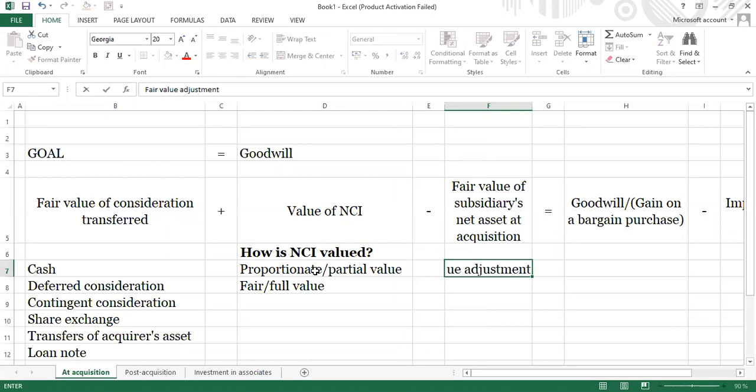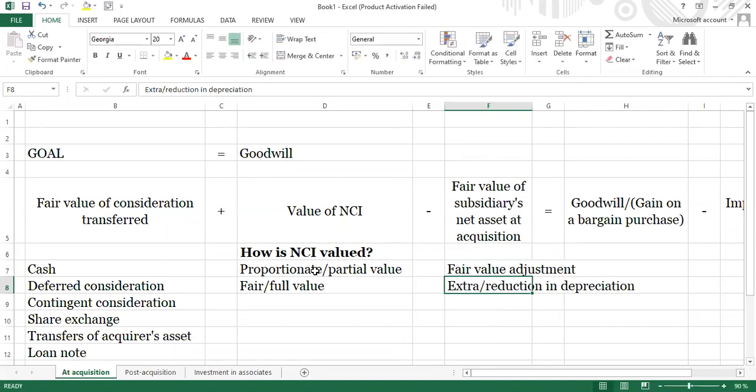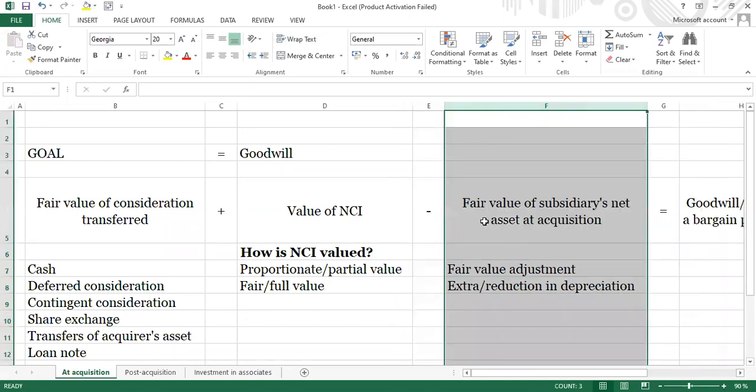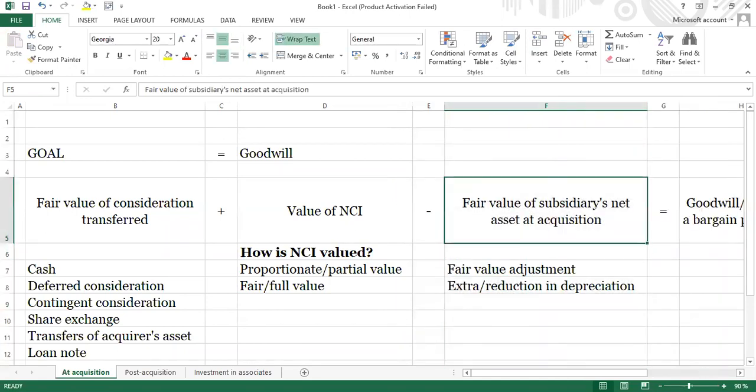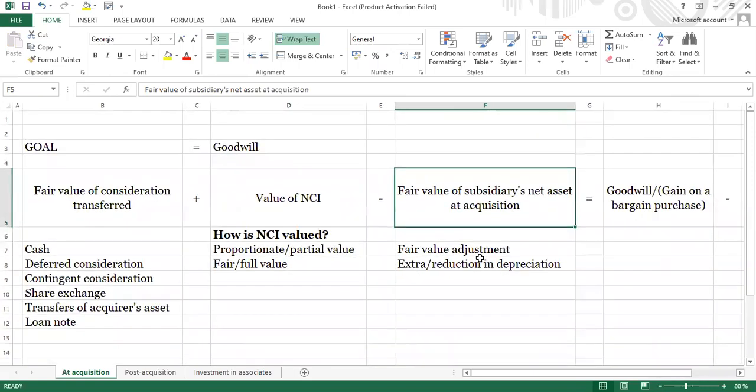You would have learned that. The next thing is what they call extra or reduction in depreciation. These are the two important things that you should always probe into as far as this third ingredient is concerned, fair value of subsidiaries' net assets.